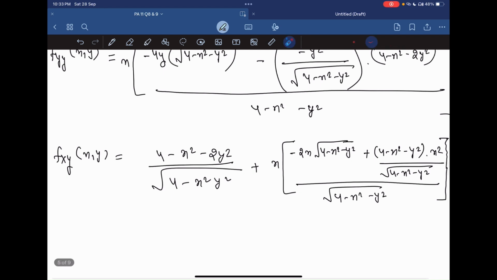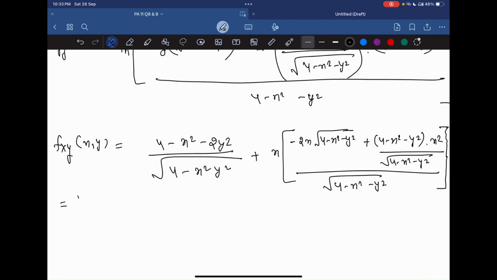This is the mixed partial derivative, and it would be equal to fyx also.